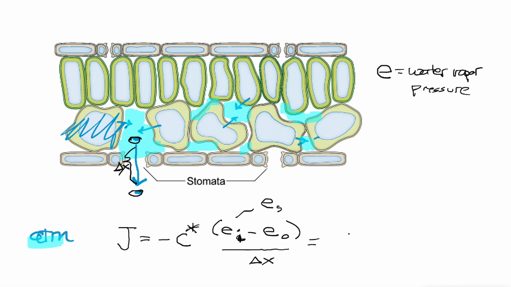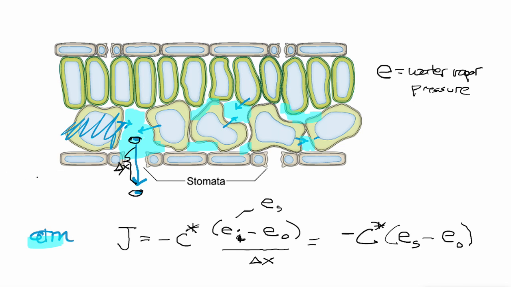So we can actually write this as the diffusivity constant, lumping the delta x into it too, times the difference between the saturated water vapor pressure and the water vapor pressure outside the stomata in the atmosphere. That then is the form of the mass transfer approach estimate of evapotranspiration.